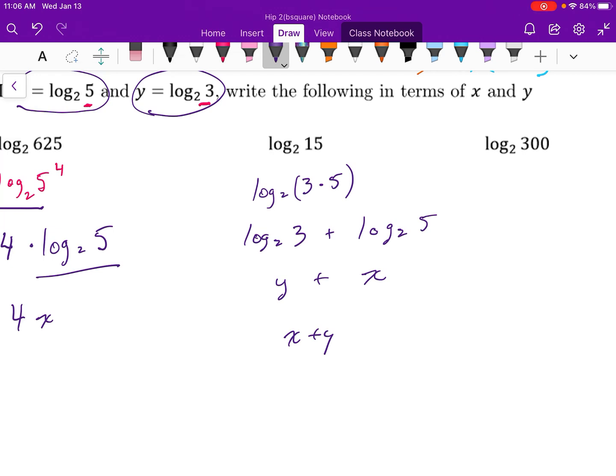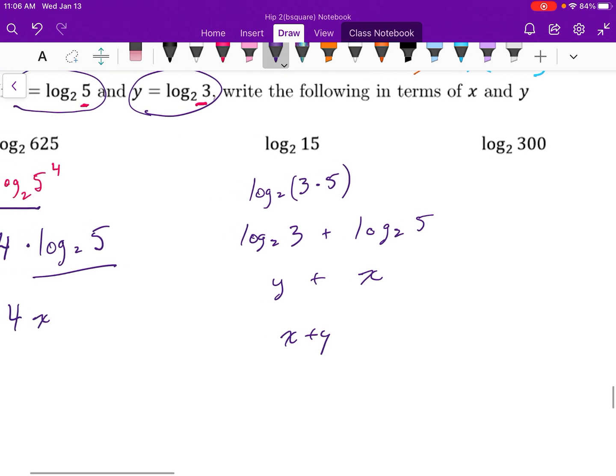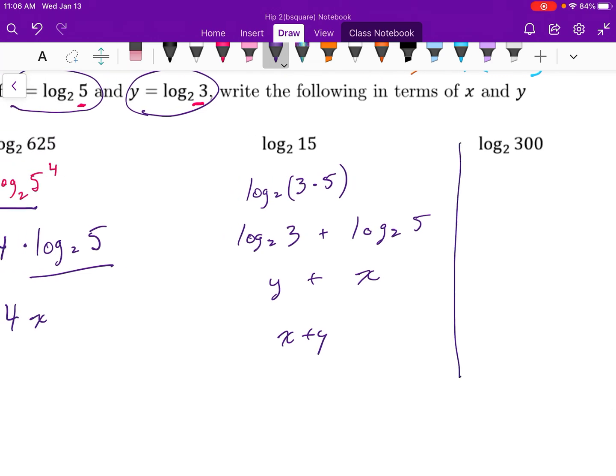All right. This one can be a little bit tricky. I'm not seeing my way out of this. If I split up 300 into its factors, let me just start off with a factor tree here. And I'm going to try to create multiples of 3 and 5.